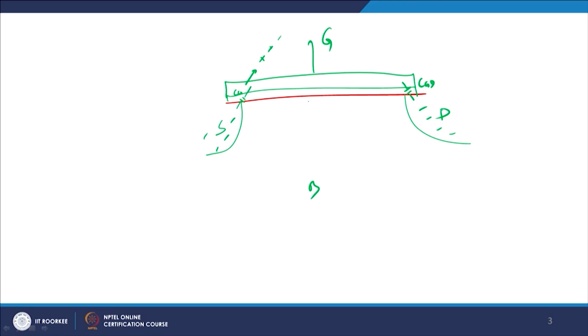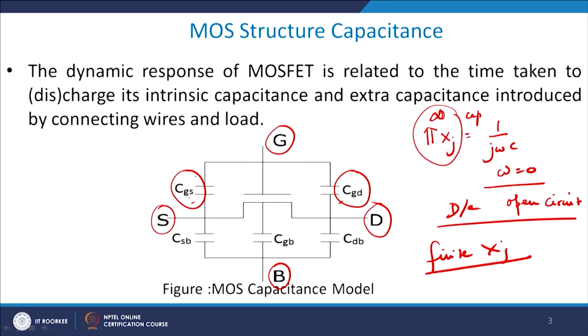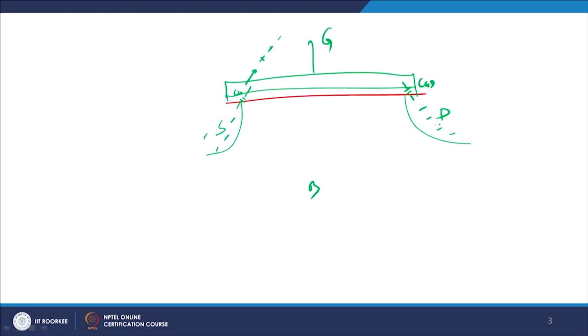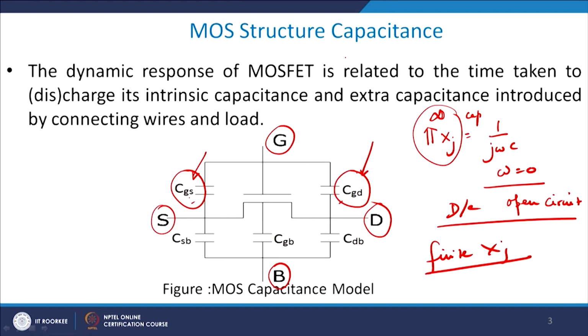You also have a drain to bulk capacitance: you will have a depletion region here and a depletion region here, so you will always have a drain to bulk capacitance here and a source to bulk capacitance here. So, this is CDB and this is CSB, whatever you want to call it.